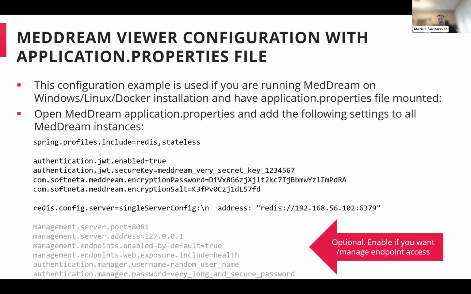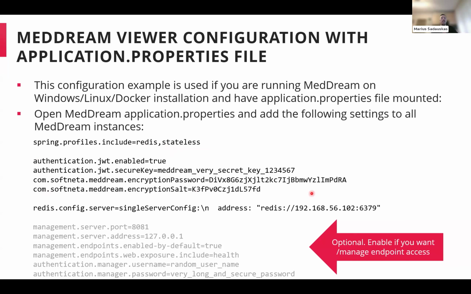In this case, you need to add additional Spring profiles, because most probably in your MedDream you will already have, let's say, OAuth, in-memory, or SAML authentication Spring profiles or something like that. So you will add two additional ones, Redis and stateless.